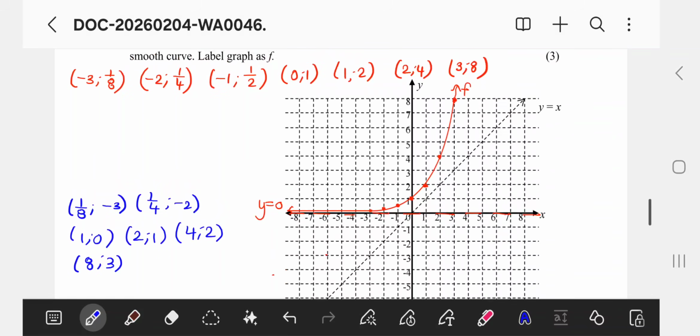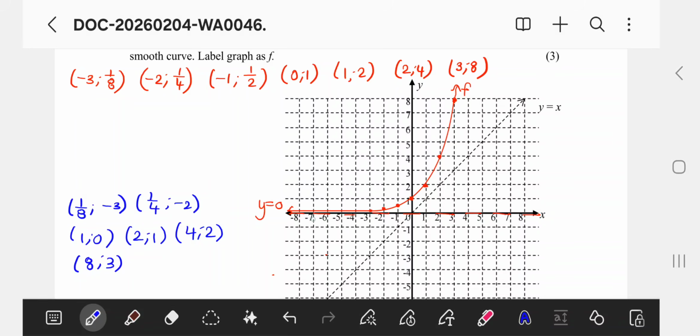But before I plot these points, I want to start off by filling in the asymptote for this inverse of the exponential function. And you guys, since x and y are swapped around, all of the information for the inverse comes from the exponential function where we swap x and y, meaning that for your original function, which is the exponential, the entire x-axis was the asymptote.